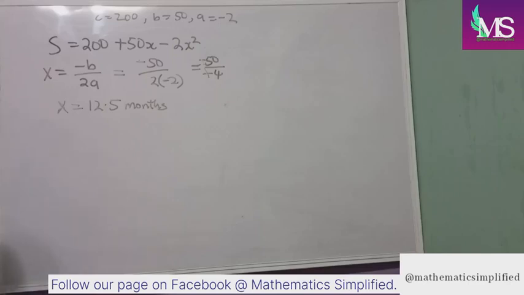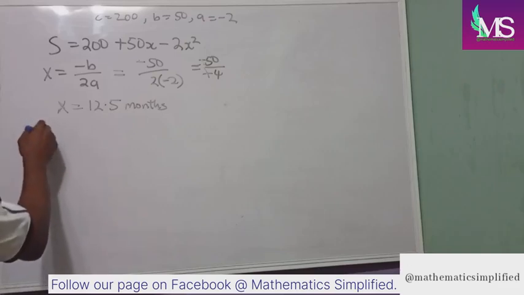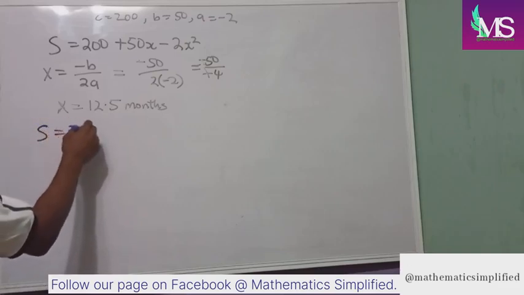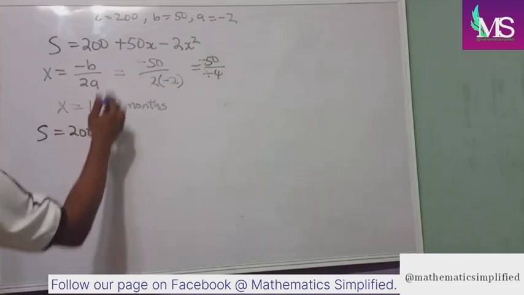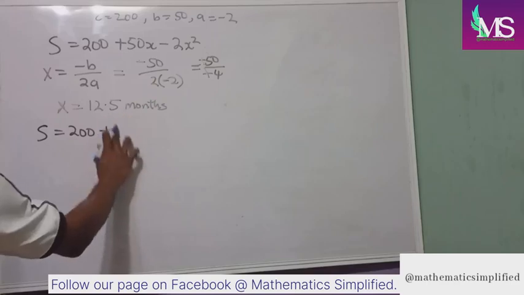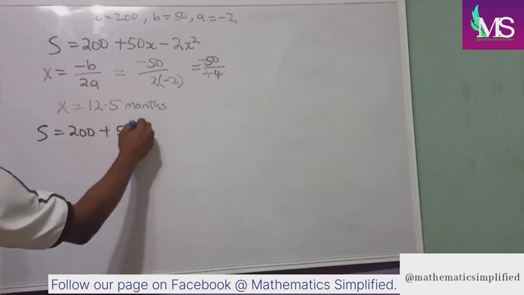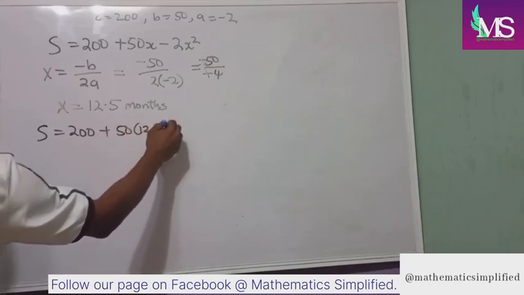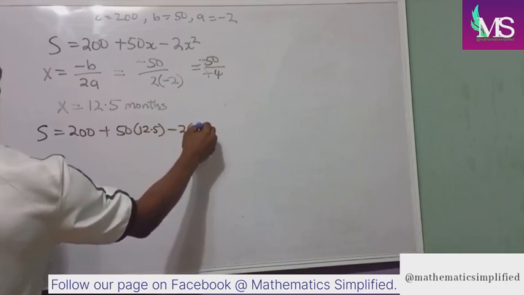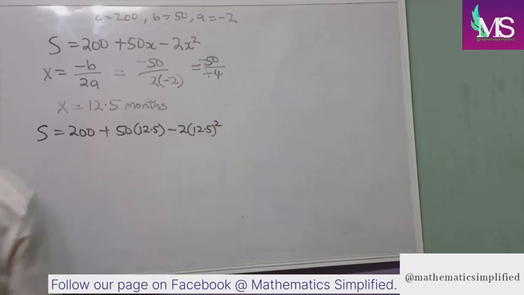Now they say find the maximum savings. For us to find the maximum savings, S equals 200, input the value of x here, plus 50 brackets 12.5 minus 2 brackets 12.5 squared.